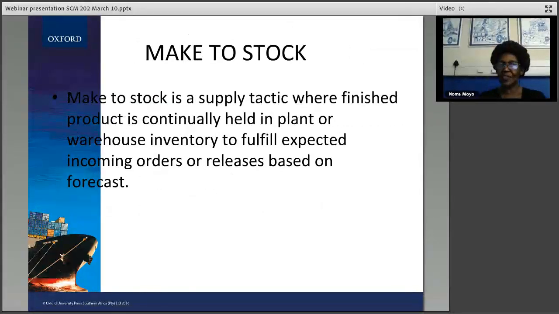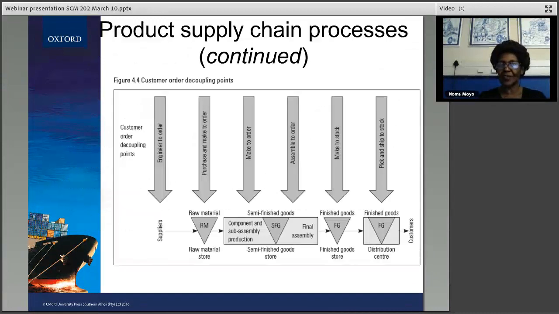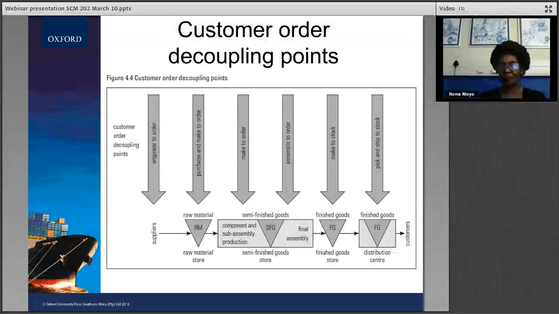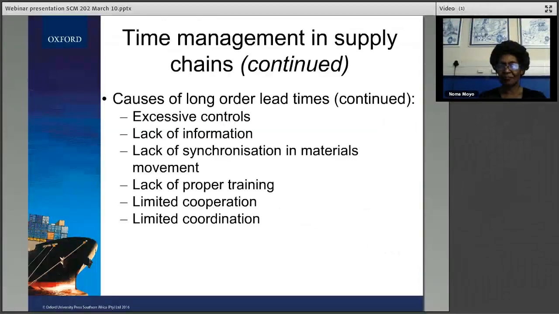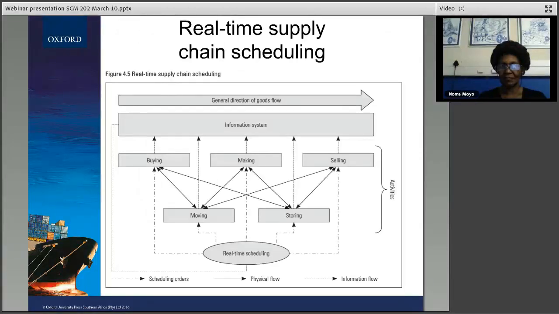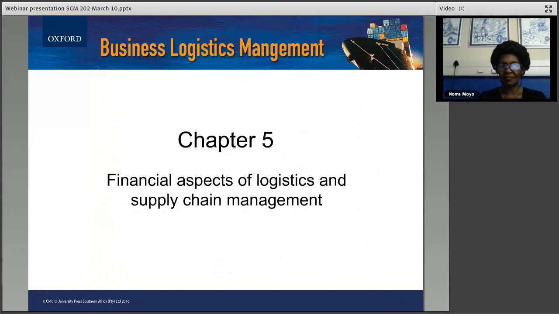I'm not going to go through this because I'm looking at the assignment and your 10 chapters. Then let's come to chapter 5.